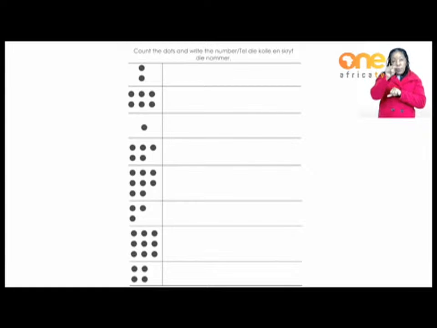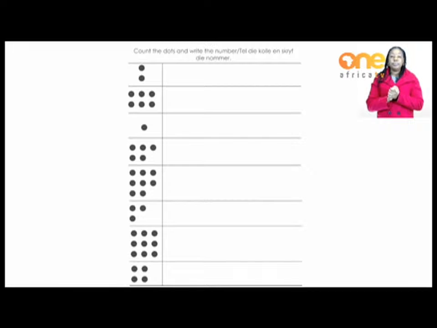Now let's move down over to the next line. How many dots can you see just below the 2 dots? Let's count together. 1, 2, 3, 4, 5, 6. So what number are you going to write in the line next to those 6 dots?